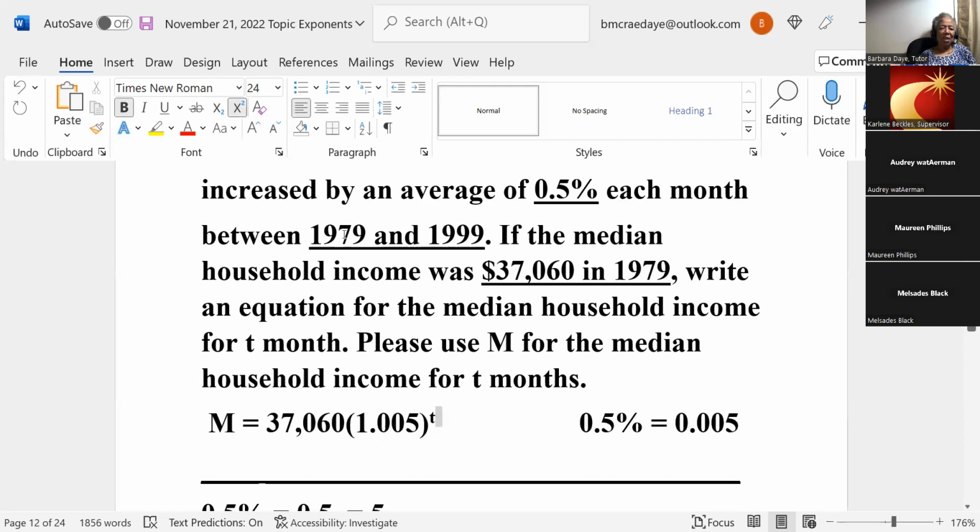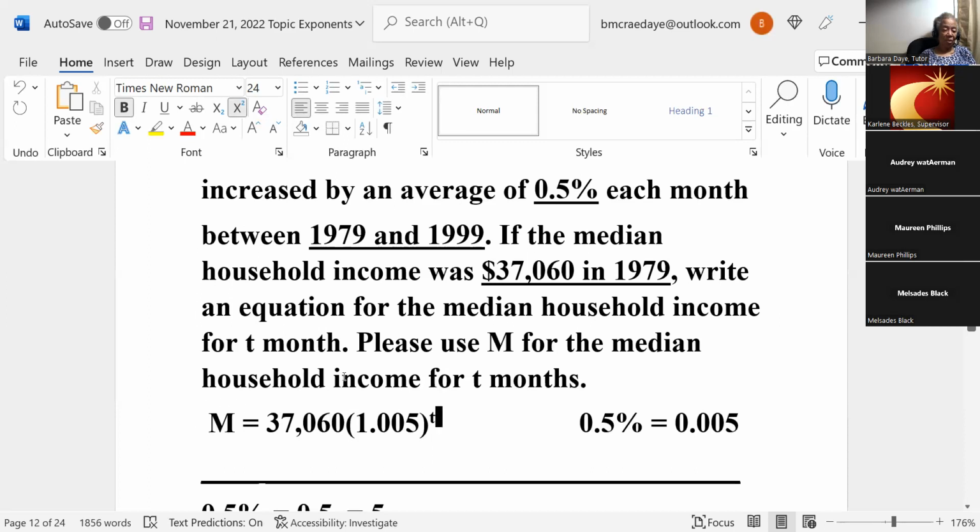And that would be how many months? 20 years will be how many months? 240. That's right, 20 times 12. But it said T months, so we didn't have to put a number here. Just put the T. So that would be the answer.